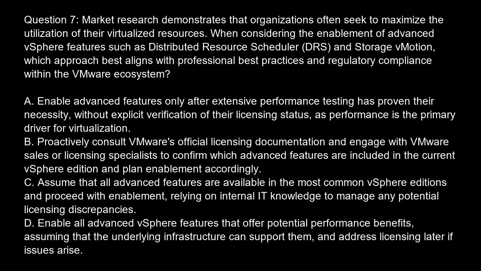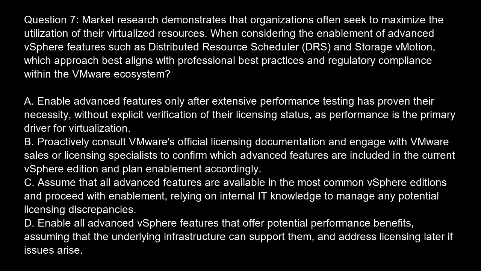Option A. Enable advanced features only after extensive performance testing has proven their necessity, without explicit verification of their licensing status, as performance is the primary driver for virtualization. Option B. Proactively consult VMware's official licensing documentation and engage with VMware sales or licensing specialists to confirm which advanced features are included in the current vSphere edition and plan enablement accordingly.